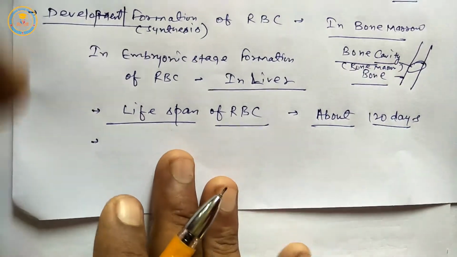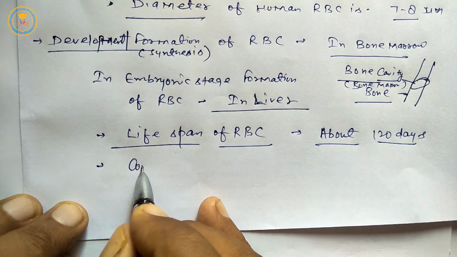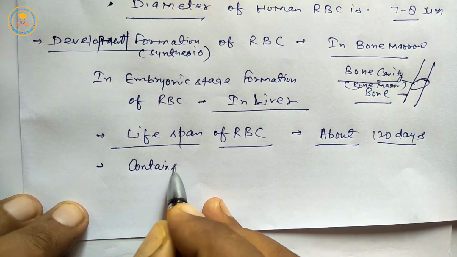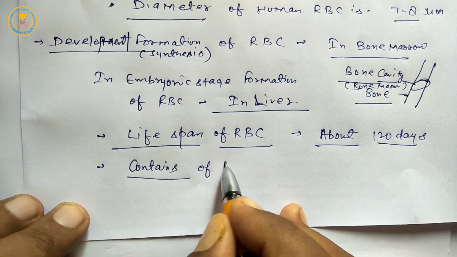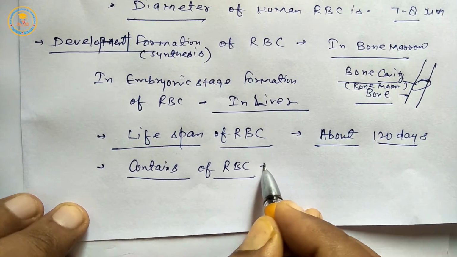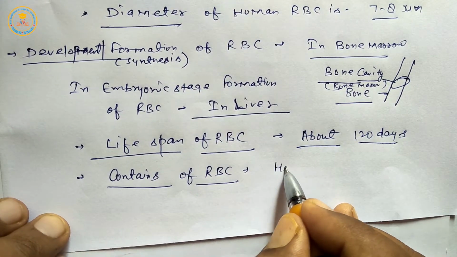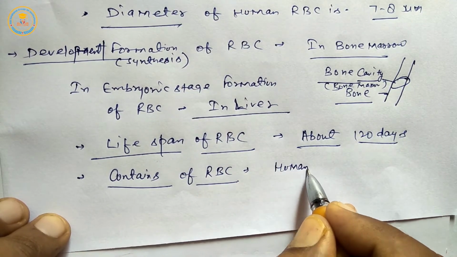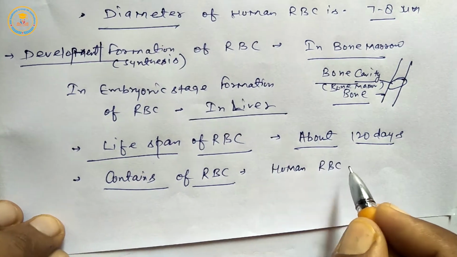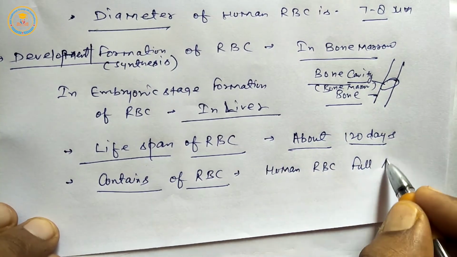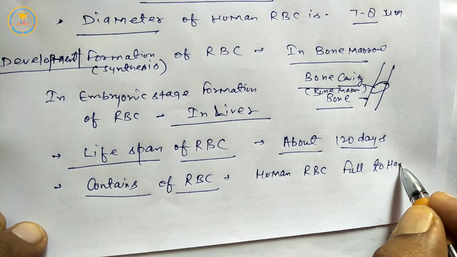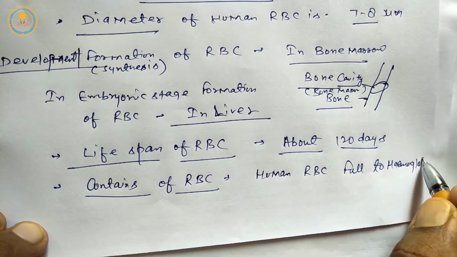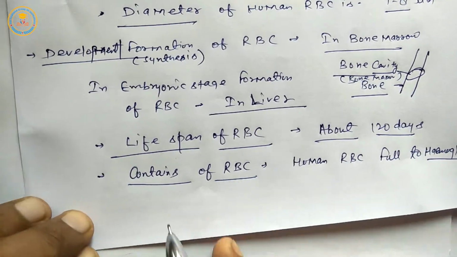Next is content of RBC. Human RBC is full of hemoglobin.